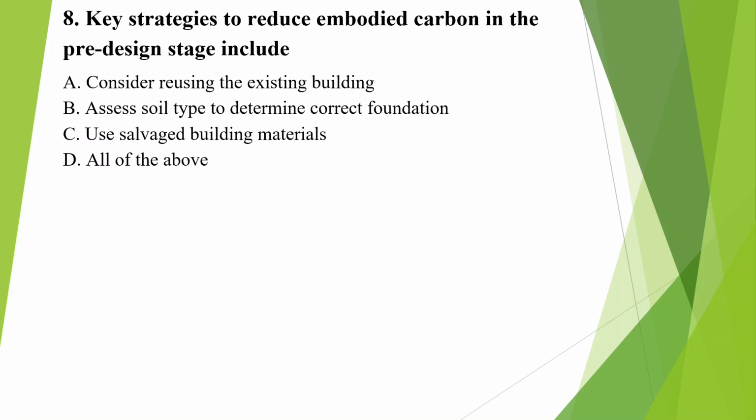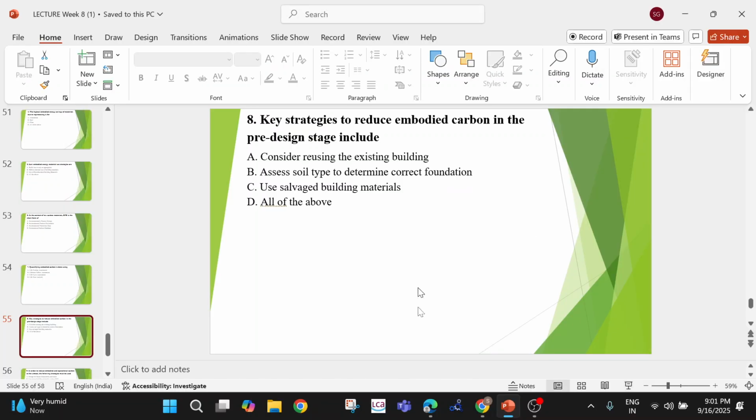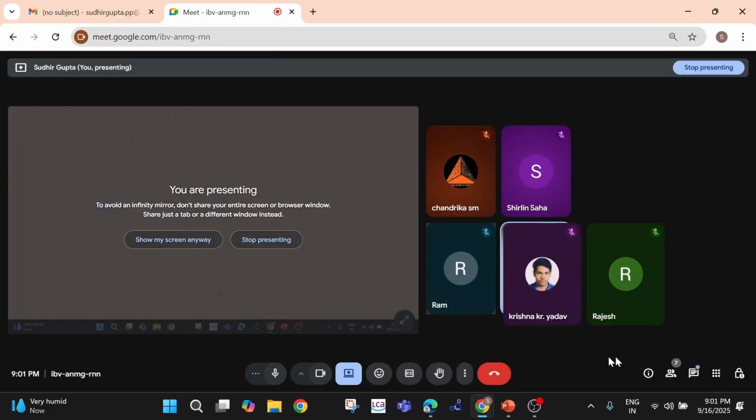It simply means that when you are trying to design a new building, you will be considering the old building and trying to reuse it. Also you will be going for utilizing salvaged materials. So the other options are also correct. That's why option D was the correct answer.